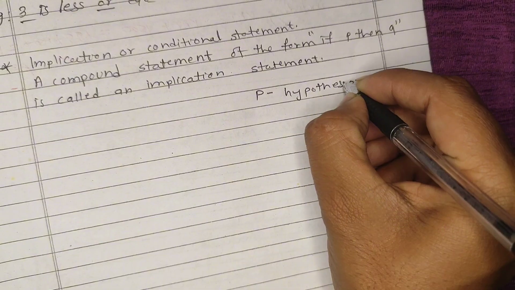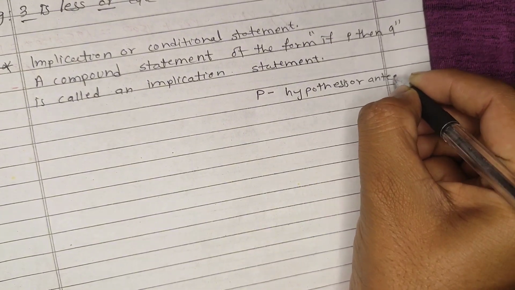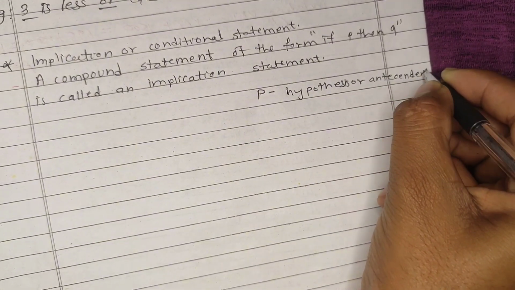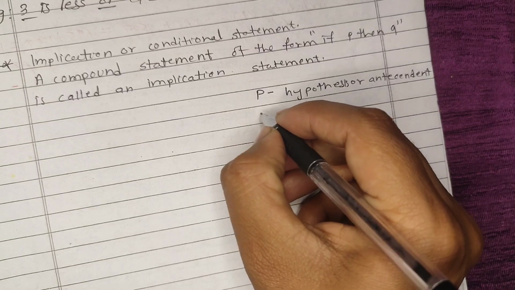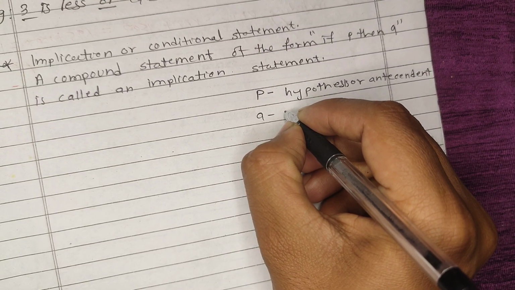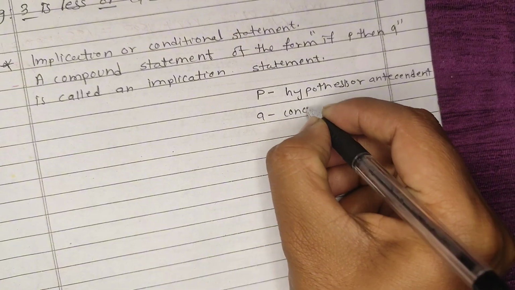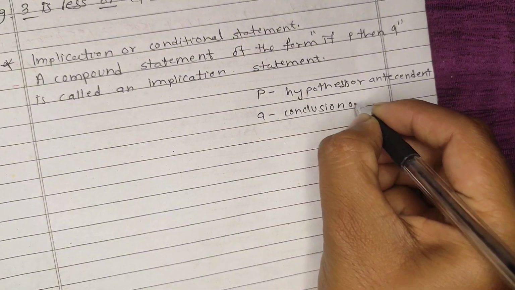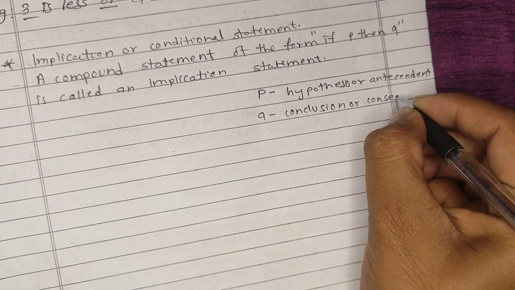or thesis or antecedent, and Q is called the conclusion or consequent.